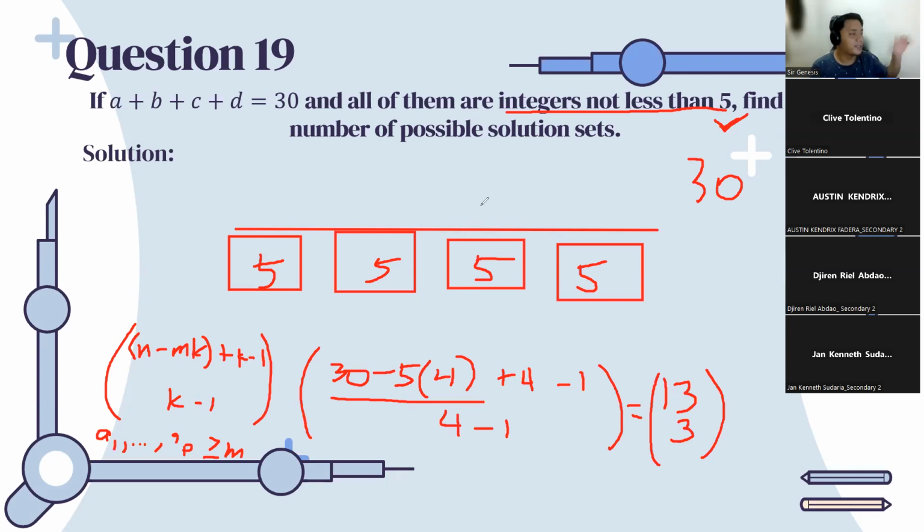That is the general formula if the restrictions are all the same.